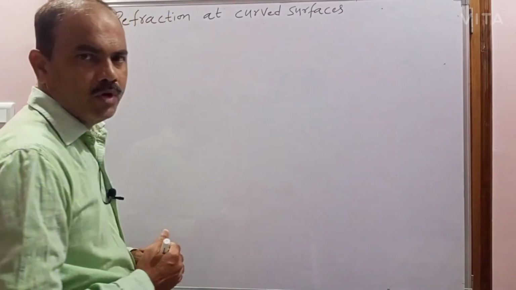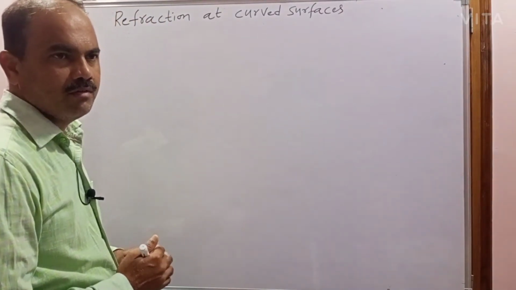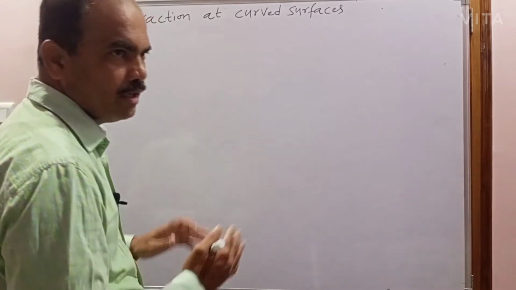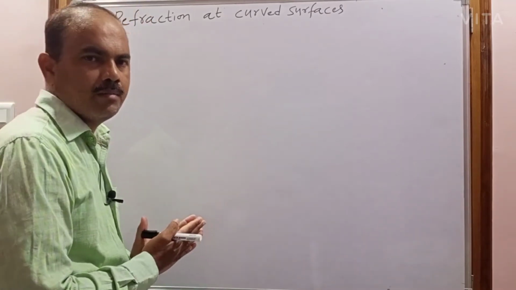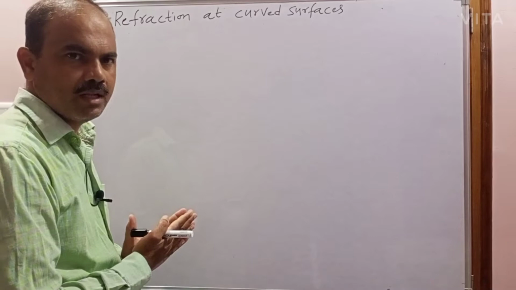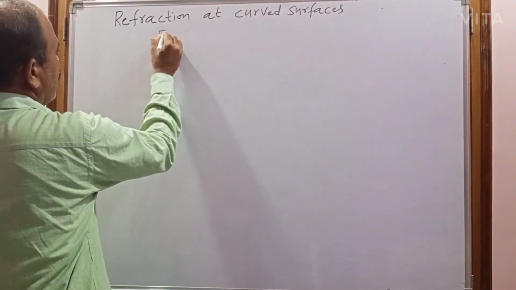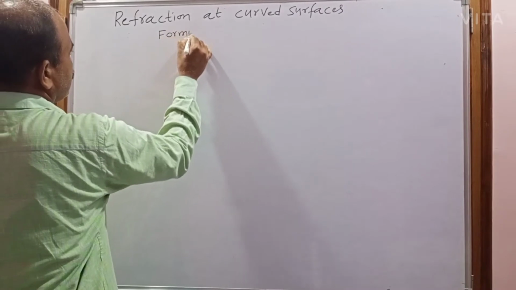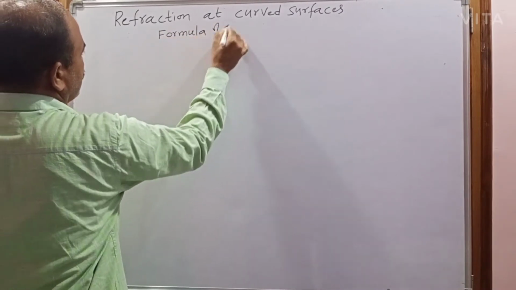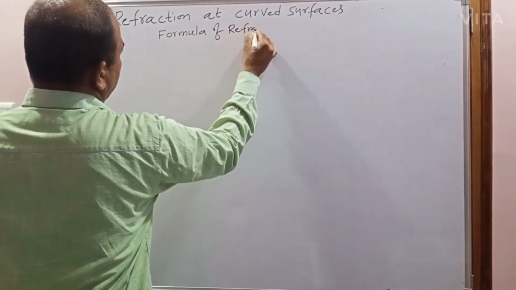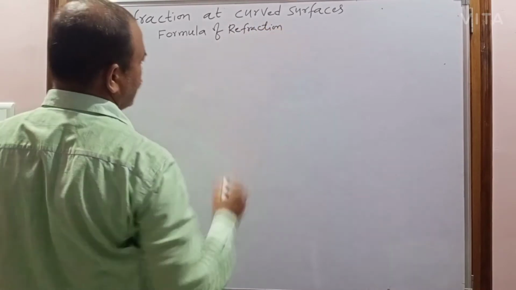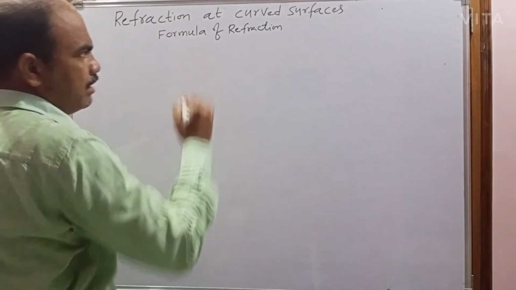So first of all I am going to derive a formula that explains the relation between the object distance, image distance and the focal length. That formula is called the formula of refraction when light is refracted at curved surfaces.